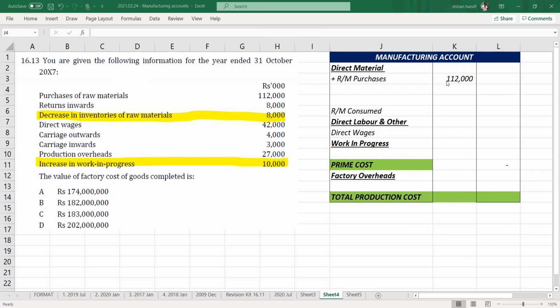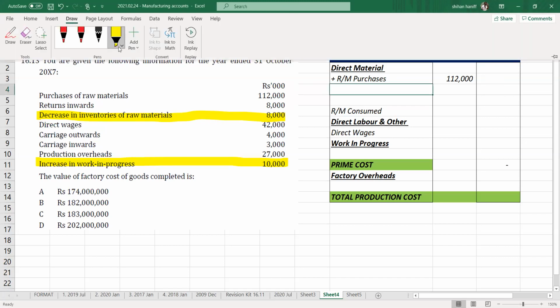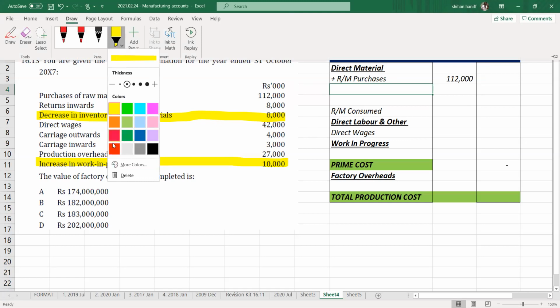Do you take return inwards? No, we don't take return inwards and also carriage outwards.